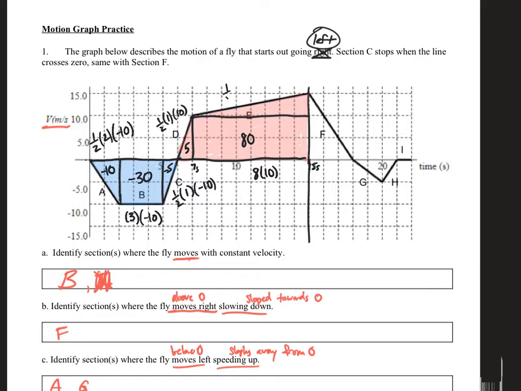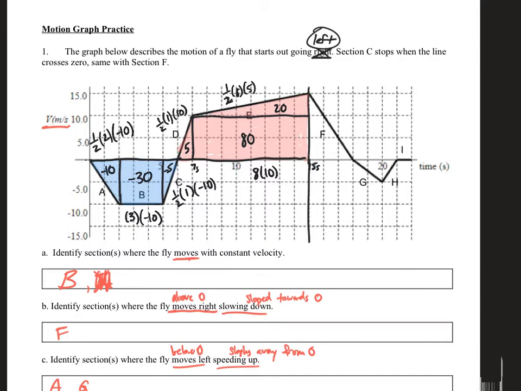The base is the same as that rectangle, which is 8, and it goes from 10 to 15, which gives me a height of 5. Did I do this right? I believe I did. So that would make this 20.